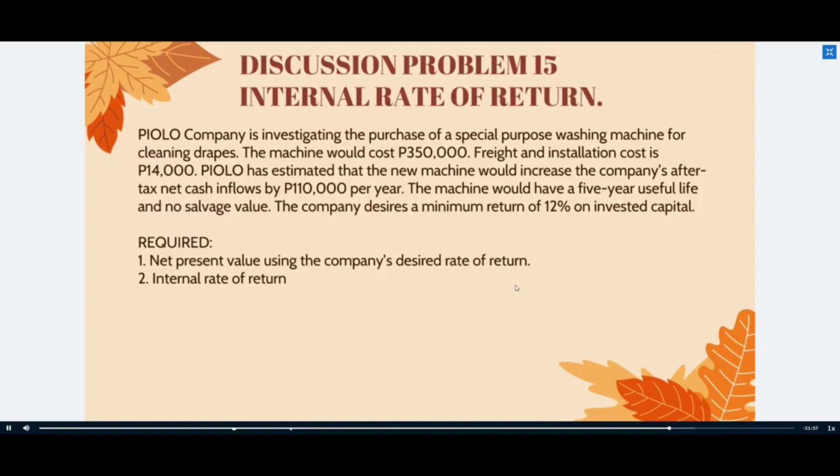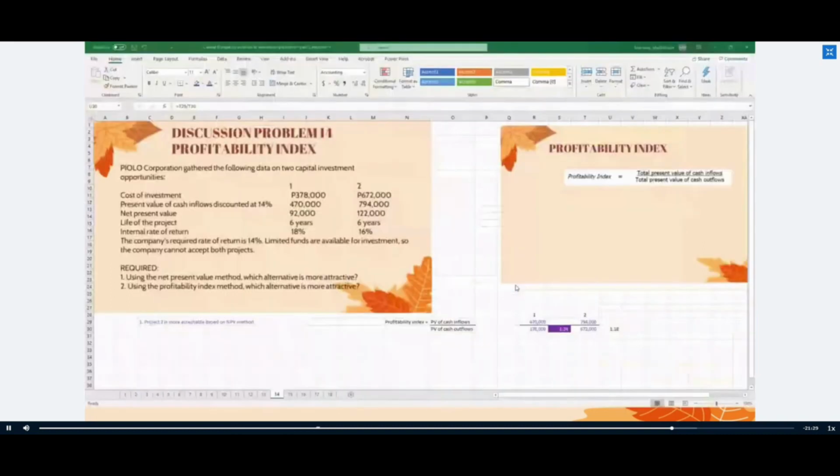Freight and installation cost is 14,000. Piolo has estimated that the new machine would increase the company's after-tax net cash inflows by 110,000 per year. The machine would have a 5-year useful life and no salvage value. The company desires a minimum return of 12% on invested capital. So yan class let's have problem 15.